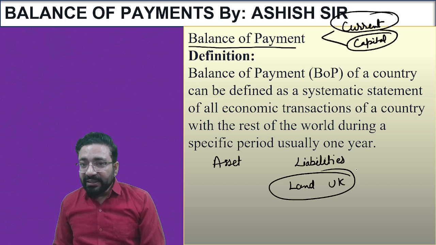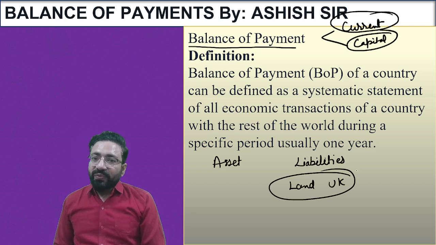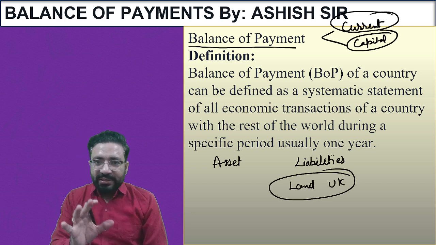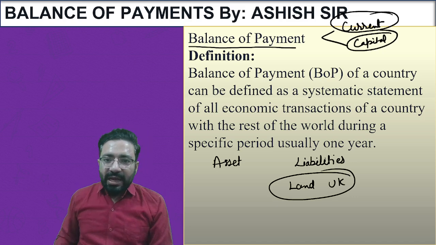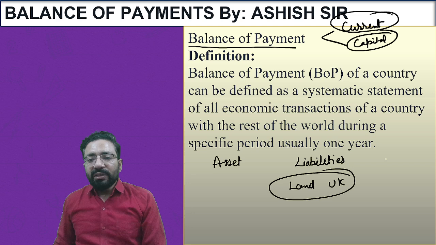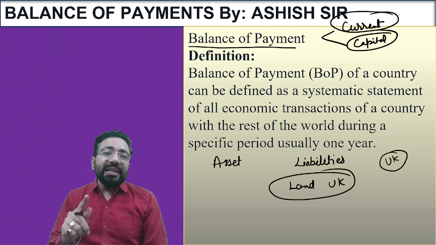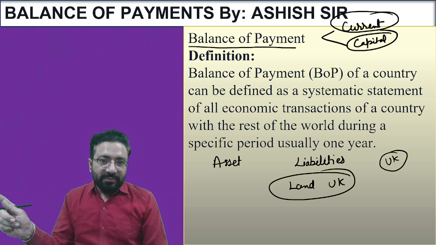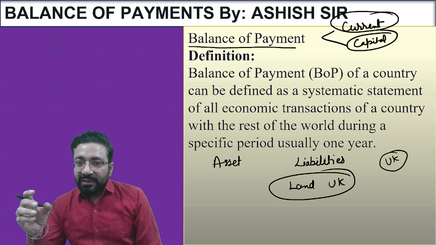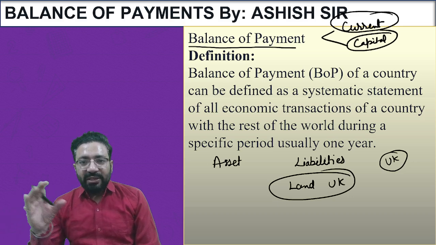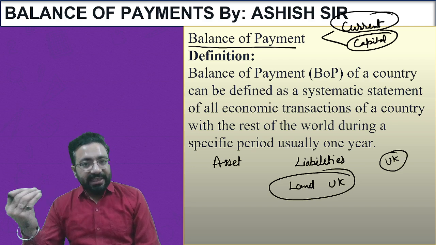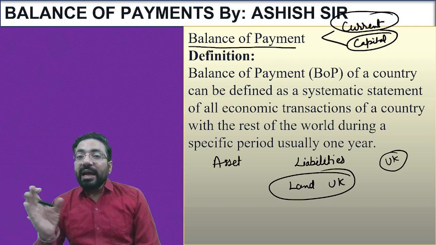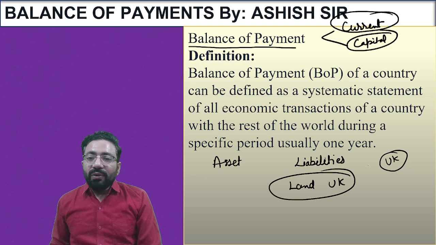It will generate my asset in terms of foreign exchange. You know about asset? Something on which you can prove your ownership. Liabilities: suppose I have taken a loan from the UK. It will generate a liability to repay it. That means now I am indebted. That person would become my creditor and I have become the debtor. That's why it is a liability for me now, in terms of foreign exchange.